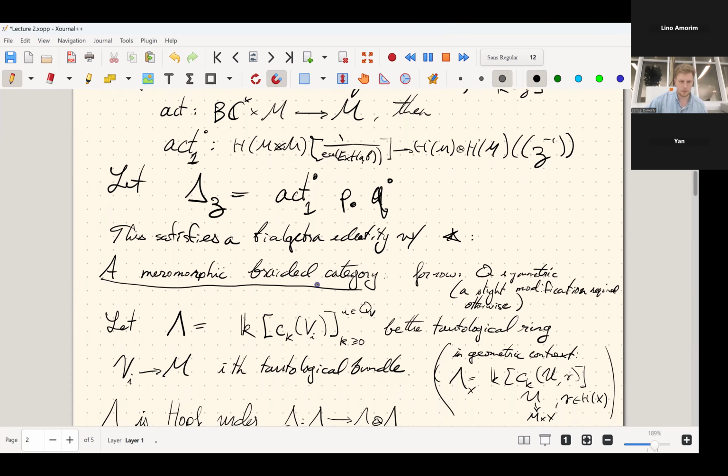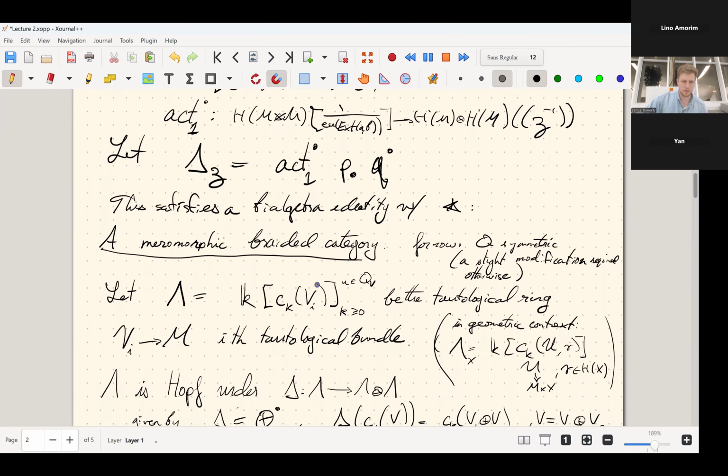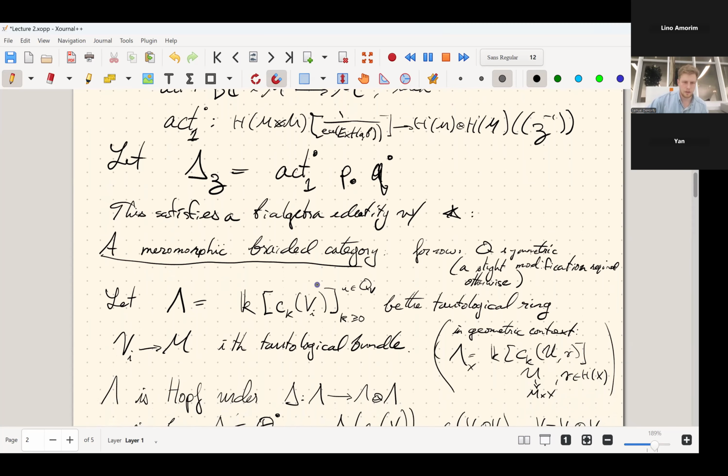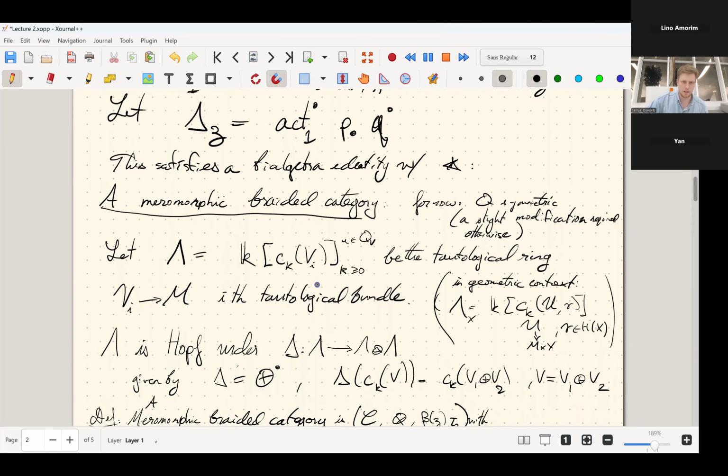Then we're going to define this vertex coproduct to be the composition of the localized coproduct with this expansion and this additional variable. And the key property that this coproduct satisfies is an analog of the bialgebra identity, which depends meromorphically on this additional variable z.